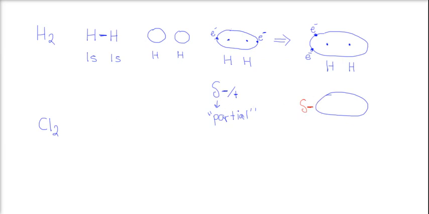And conversely, on the other side, we're going to have a partial positive charge, because all we have on this side is the nucleus, which contains the proton, which is positively charged. So there's an absence of negative charge on one end and more than enough negative charge on the other end.